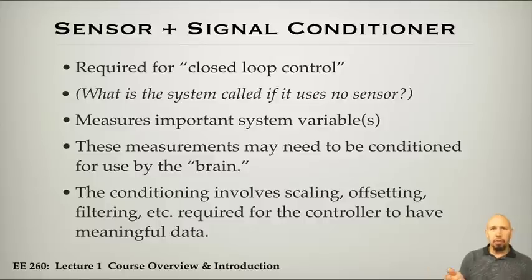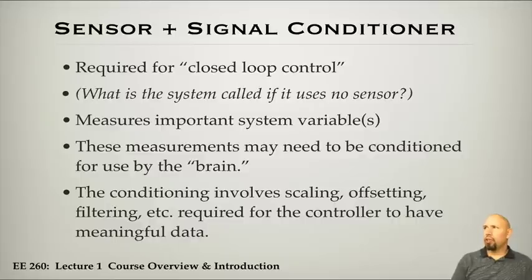You have to do something with it first so that it no longer has negative values. So the signal has to be conditioned for use by the brain. In general, the conditioning may involve a number of operations: scaling, offsetting, filtering. These are the kinds of things needed in order to have a sensor.